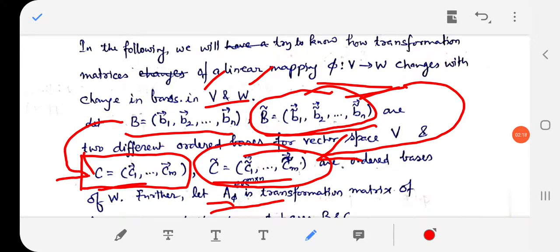A phi is the transformation matrix that takes the coordinates of any vector in V with respect to B, to the vector in W with respect to C, the coordinates with respect to C. Okay, now we are going to find a transformation matrix A phi tilde, which takes us from B tilde to C tilde.